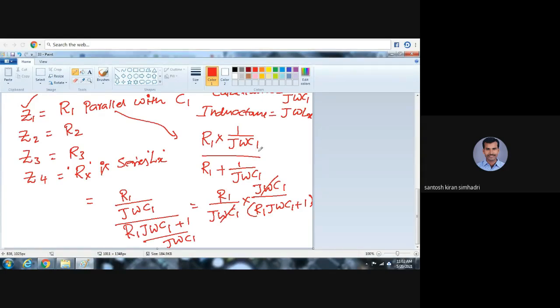The final expression is R1 by 1 plus R1 into j omega C1.